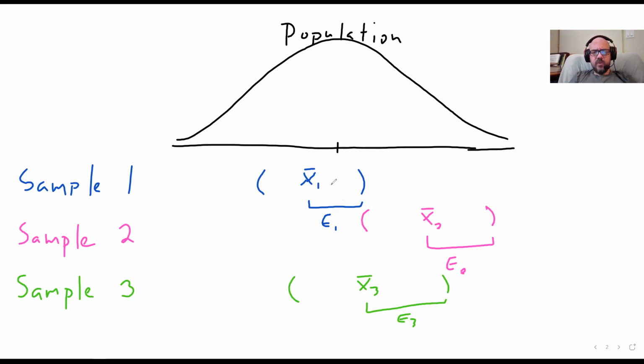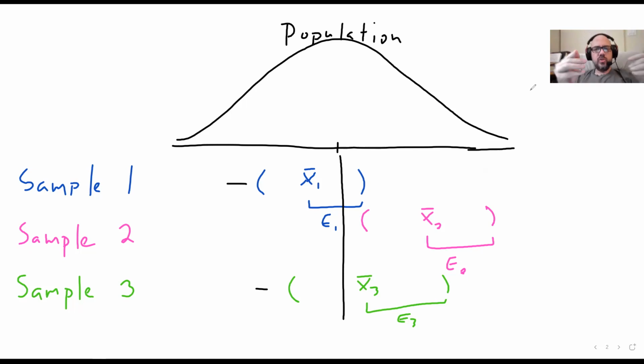So for our first sample here, we get this interval with a margin of error of E1. For the second one, we get this interval here, with a margin of error of E2. Same thing for sample 3. The thing I want to point out is that the confidence intervals associated with sample 1 and sample 3 actually do contain the population mean. Here's mu.